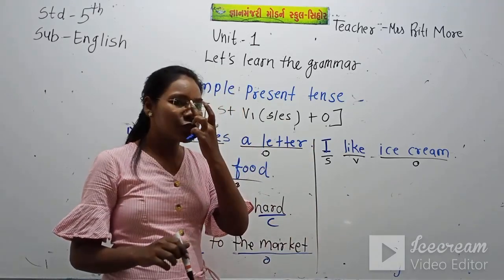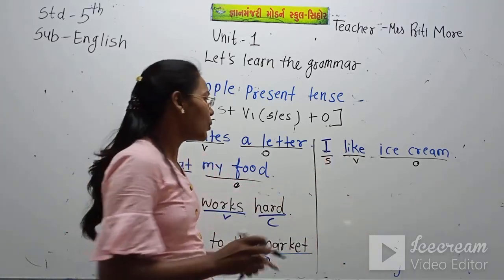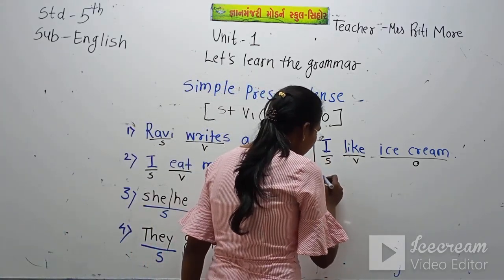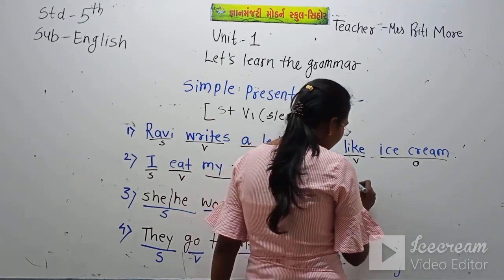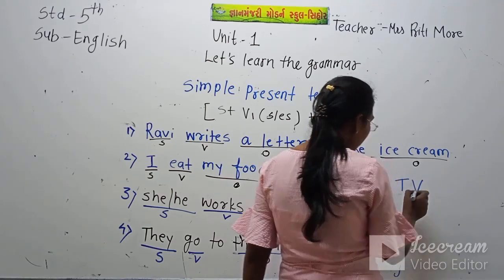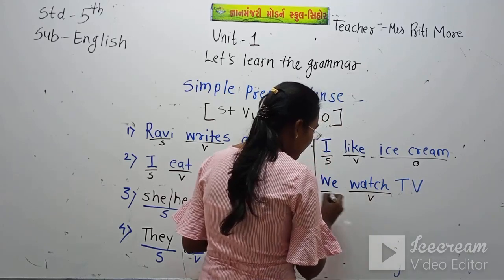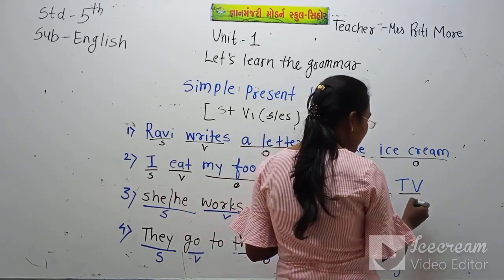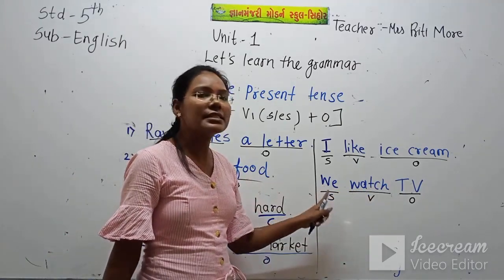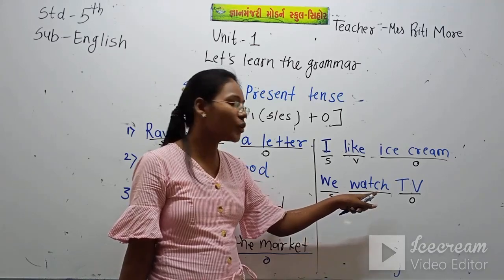This I is the exception where we cannot use s or es with the verb. Now again, next sentence: we watch TV. So this is the verb, this is the subject, and this is the object. We is plural, that's why we haven't added s or es to the verb.